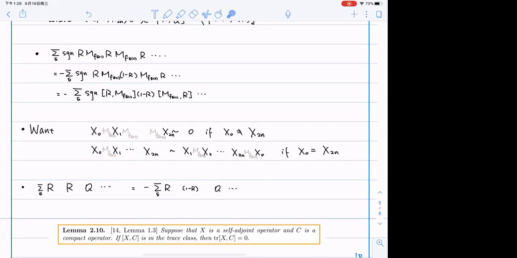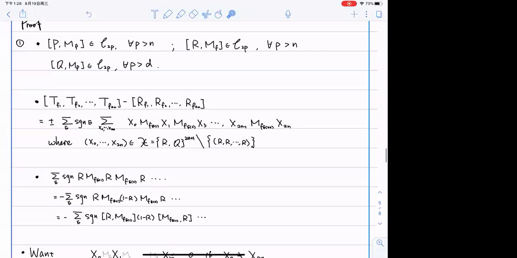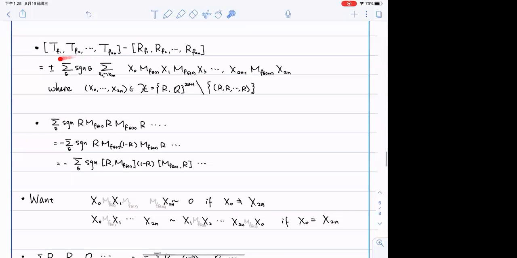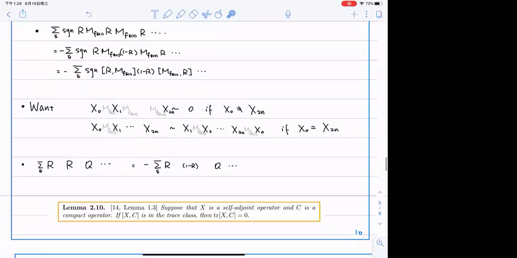And if the 2 sides are the same, we are proving you are able to move this part to the other side. Now the order changes, and combining the sign here, you get this, and this whole sum would have 0 trace. So that's the algebraic part.